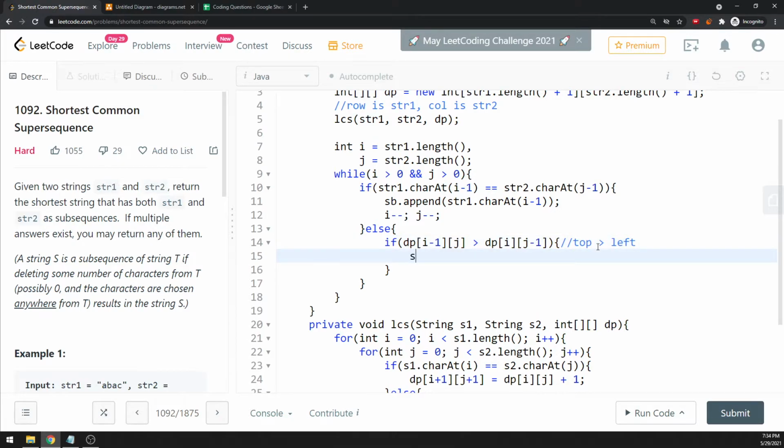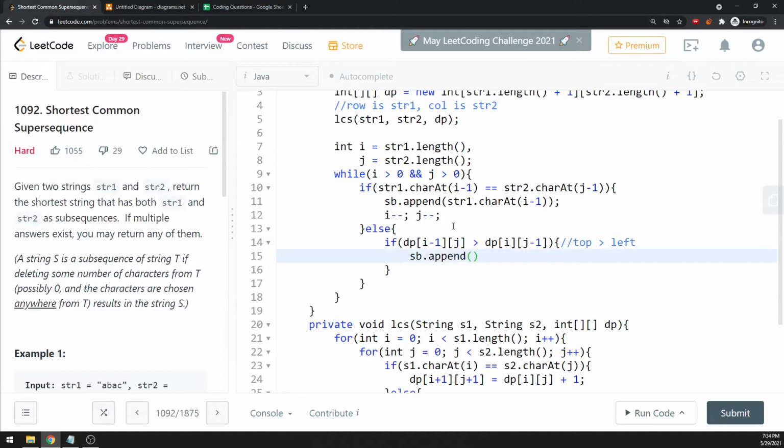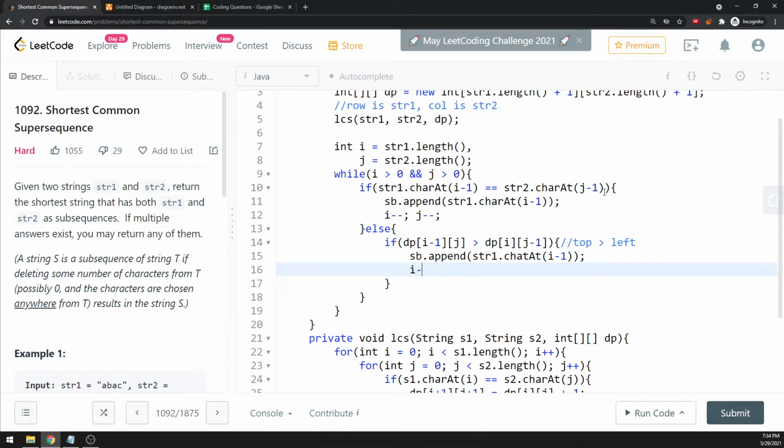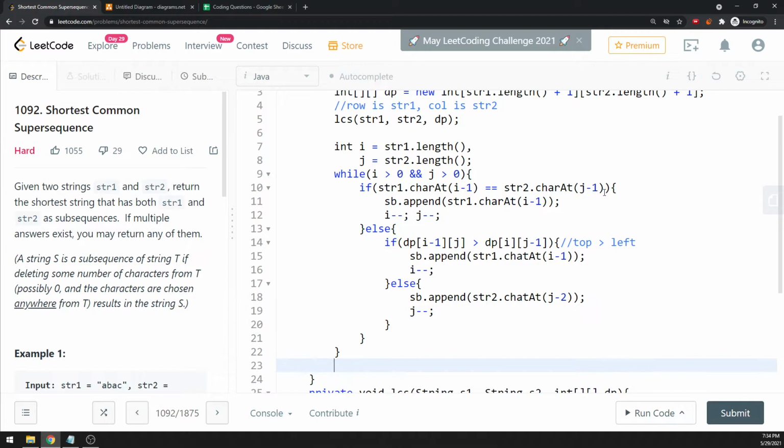If this is happening, I move the row up. So I add the char on the row, and I know my row value is string 1, so string 1 char at i minus 1 and decrement i by 1. And exactly the same thing for j minus 1: append string 2 char at j minus 1, j minus minus.